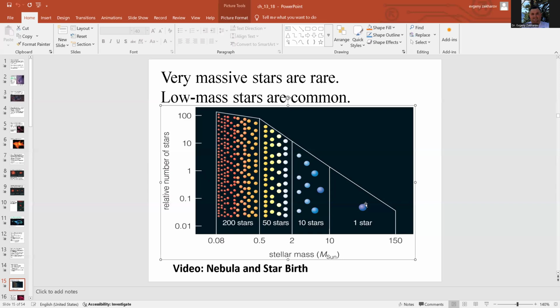So it's very important that we still have those high mass stars, because that's the source of everything heavier and more advanced than carbon.